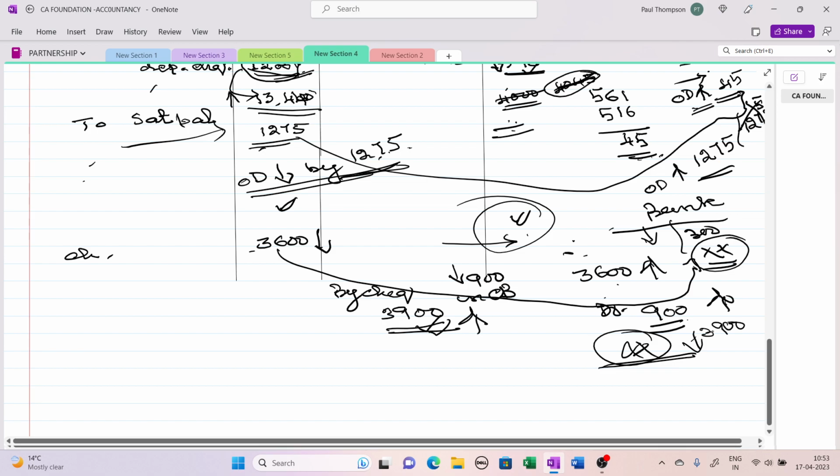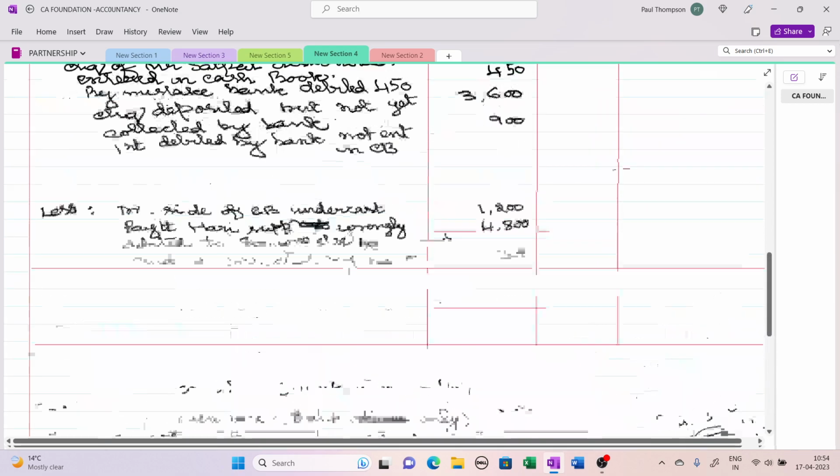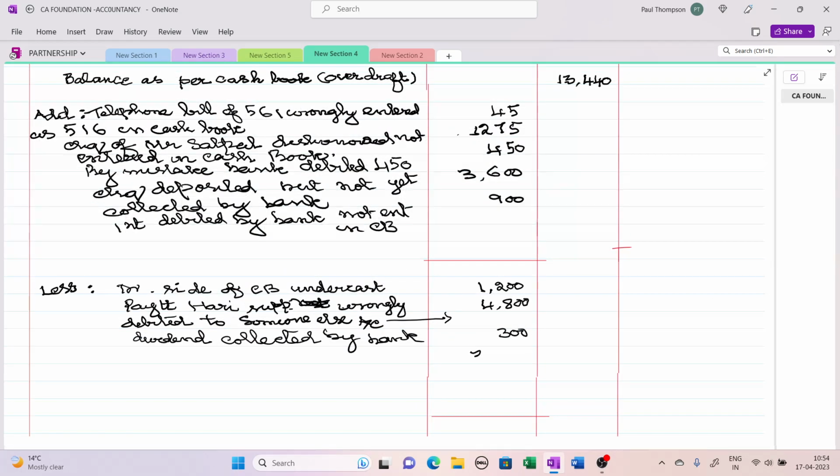In case it is presented and the bank makes payment, then the overdraft will go up. Still the bank has not made payment as on 31st October. So it is not added to my overdraft. So it is less by 3,900. The overdraft is less. So whenever the overdraft is less, cheque issued but not presented for payment.